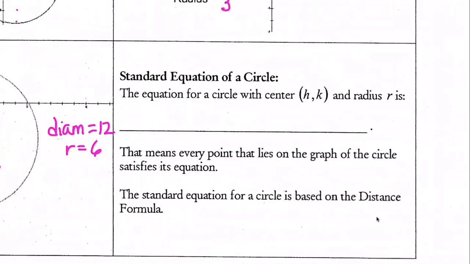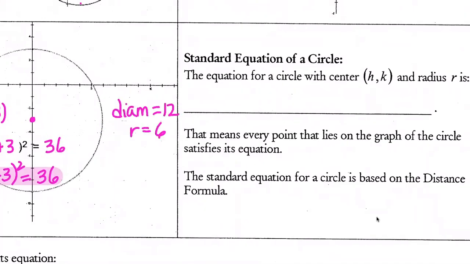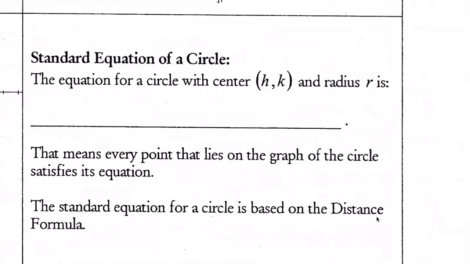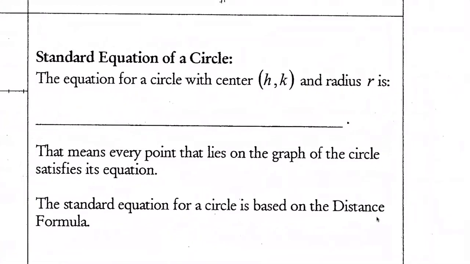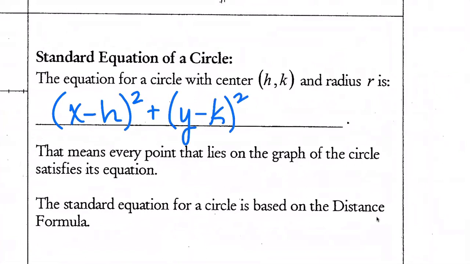Okay, so here's the standard equation of any circle. The equation of a circle with center h, k and radius r is (x minus h) quantity squared plus (y minus k) quantity squared is equal to r squared.